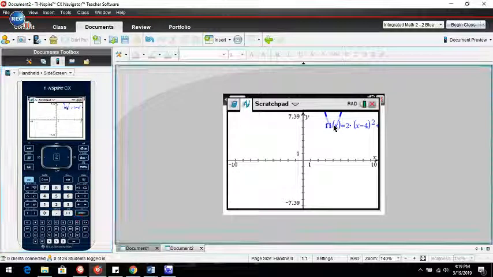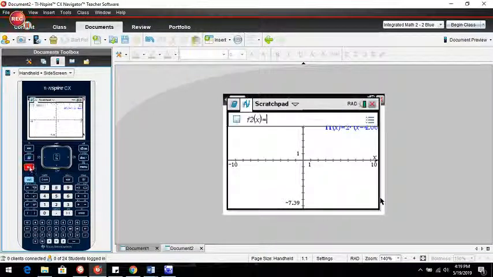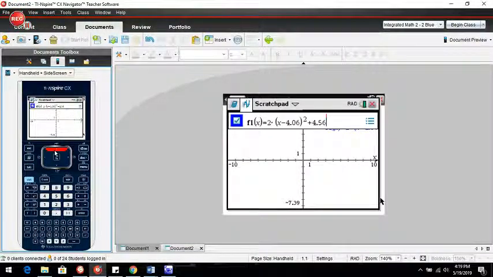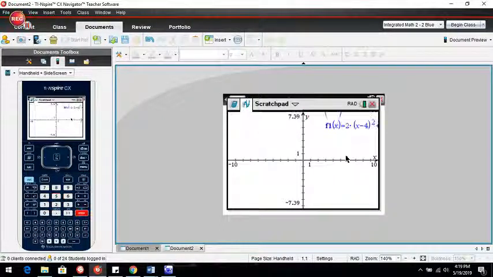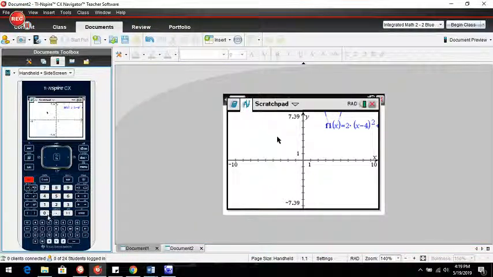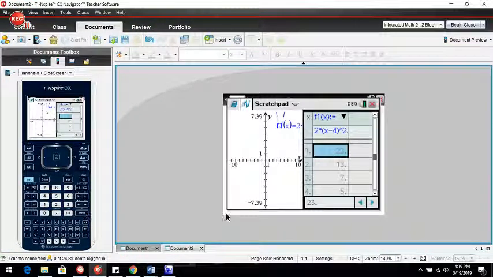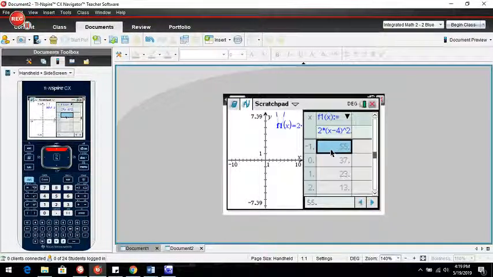Okay, there's the graph, and I realize I shouldn't move that around. Okay, and then you could just do the table, which Control T is a shortcut for, and get some points using the table.